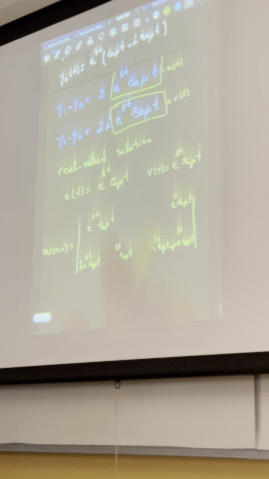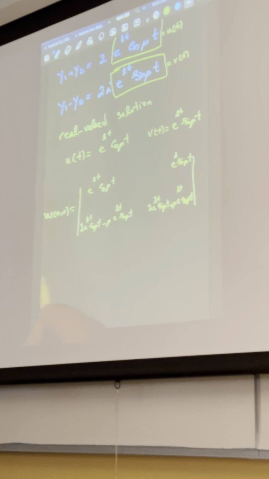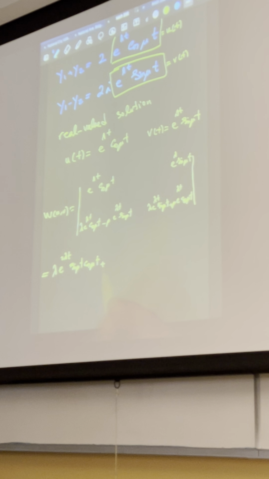So then let's take this determinant. This times that is mu e to the power of 2 lambda t sine of mu t cosine of mu t. And then I have mu e to the power of 2 lambda t cosine square of mu t.